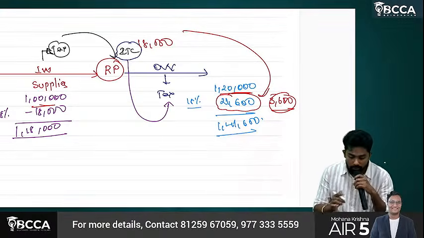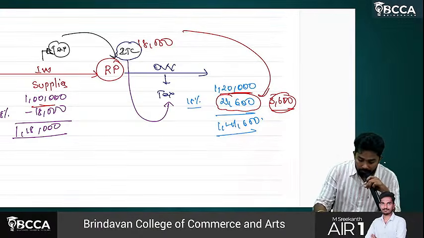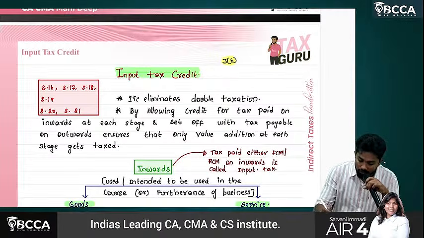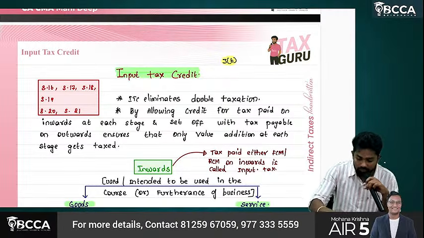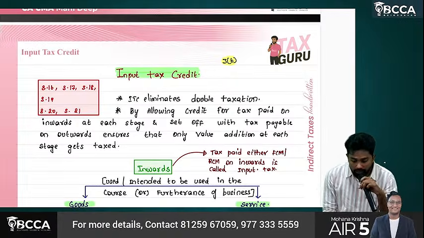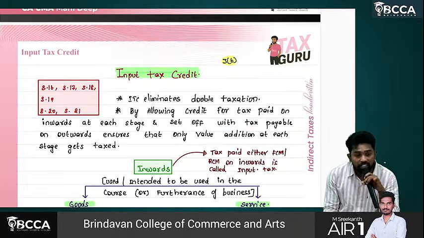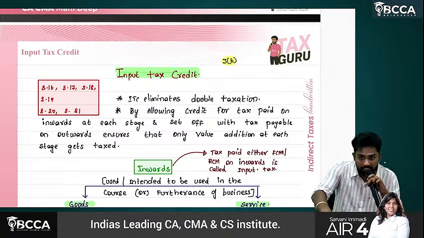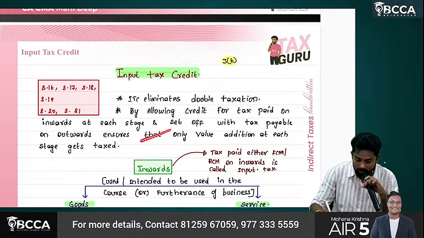Allowing credit for tax paid on inwards at each stage and set off with the tax payable on outwards ensures that only the value addition at each stage is getting taxed.